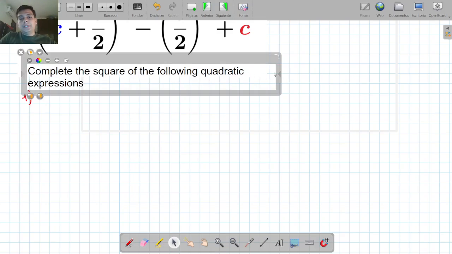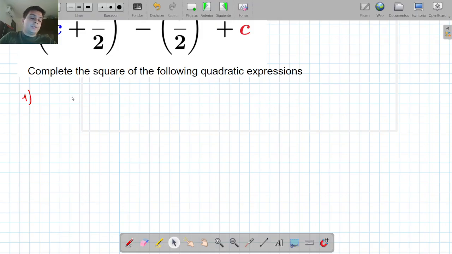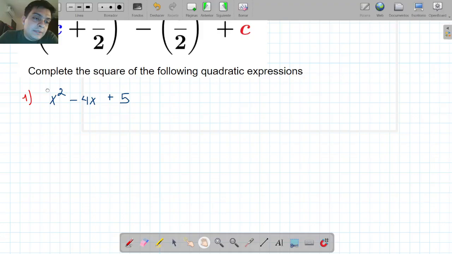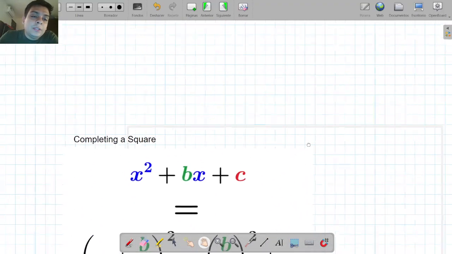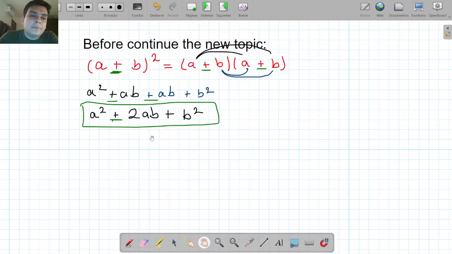If we want to complete the square of a quadratic expression, the expression is going to be, for example, something like this. Let's say we have 4x and plus 5. So from this, we need to get to something that looks like this, in this way.